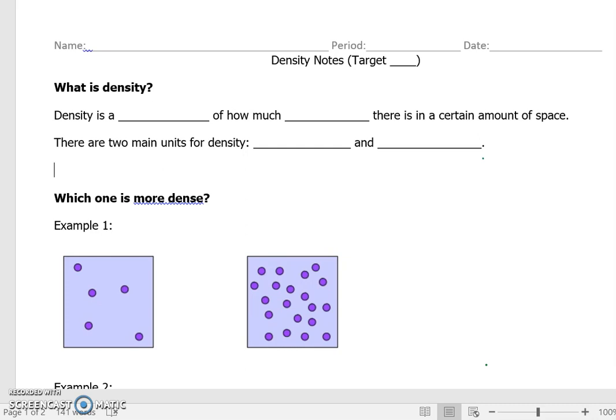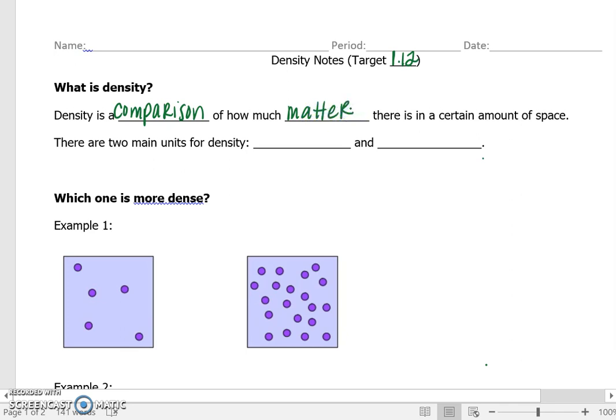So today's notes are going to be on density, and these are in Unit 1, and they are target 1.12. So density, what is it? It is a comparison of how much matter there is in a certain amount of space.